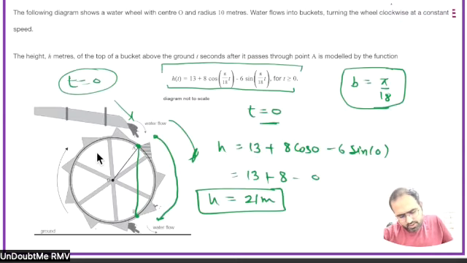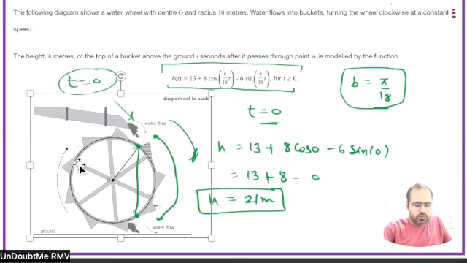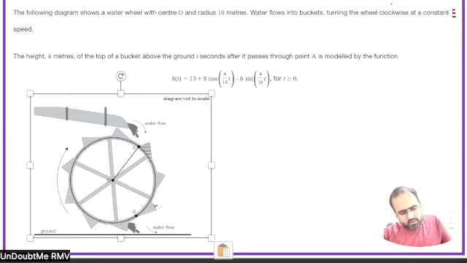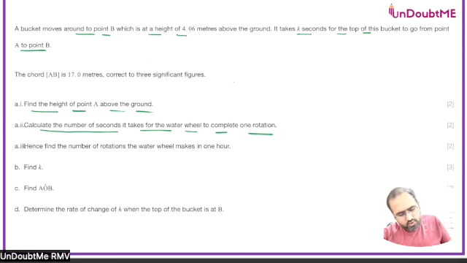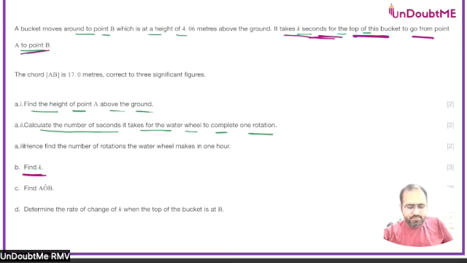K was mentioned in the question only. If you want to see what was K, it takes K seconds for the top of this bucket to go from point A to point B. This time they are asking the value of K. How do we find K?